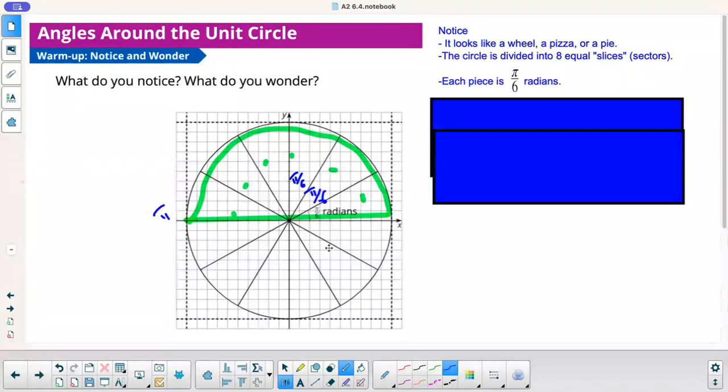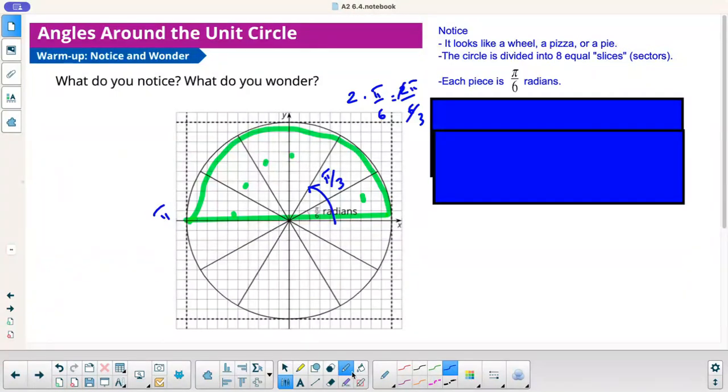So this angle here, to go right there, is 2 pi over 6s, 2 times pi over 6, which is 2 pi over 6. If you reduce it, this angle right here would be pi over 3 because 2 and 6 are both divisible by 2.